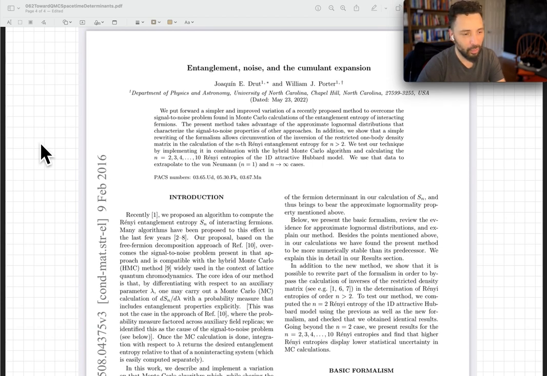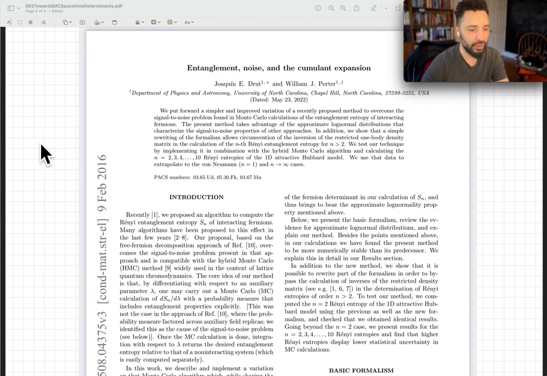In this paper, we used this type of identities to simplify the calculation of Rényi entropies of simple systems like the Hubbard model. We showed that even though people thought it was not possible to go to high order Rényi entropies, by using this type of identities and simplifying the calculation, you can go to very high order. Here, as an example, we went up to order 10 for Rényi entropies. We stopped there just because we wanted, but we could have gone to higher order as well.